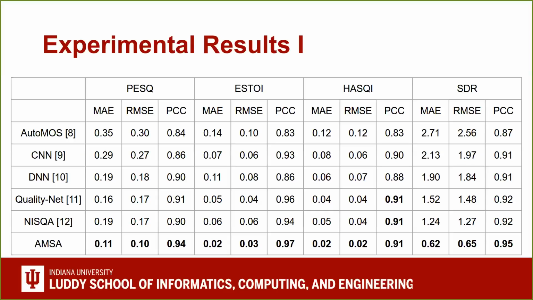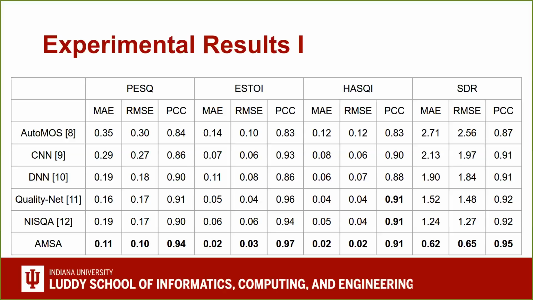We compare our approach with several state-of-the-art methods: AutoNoise, a CNN-based approach, a DNN-based approach, QualityNet, and NISQA. Our model is trained jointly on four score prediction tasks, and the other comparison approaches are trained separately on every single task with the same set of hyperparameters.